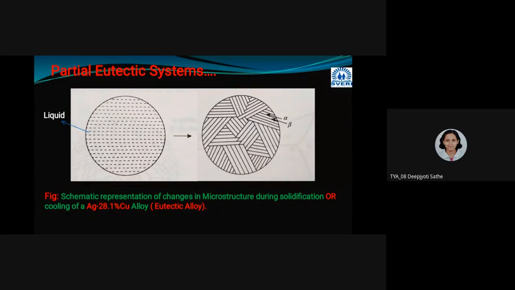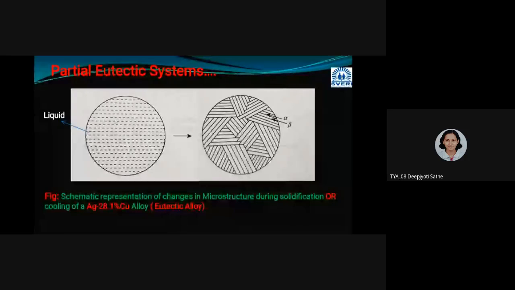From region 1 to E, only liquid will be there. Sorry, from point 1 to E, only liquid will be there, and this liquid will get transformed to a mixture of alpha and beta. This is the eutectic transformation. You can draw this diagram and give the proper names for that. Please draw the diagram. I will wait for 1 minute, or it will take only a few seconds to complete this diagram.